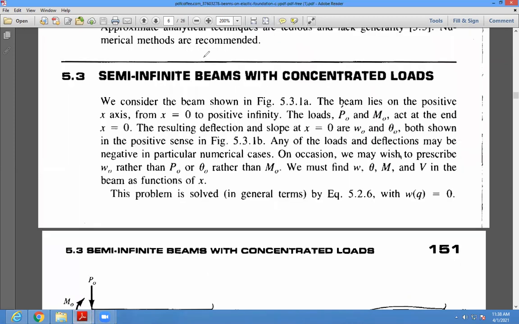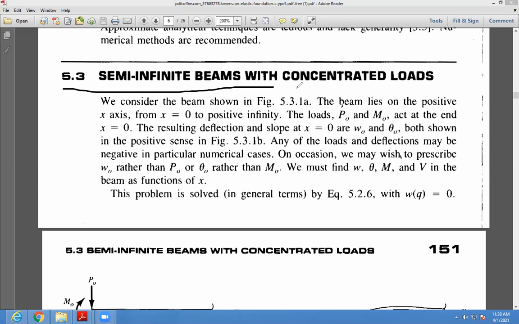Now next condition, write down the heading only. Write down heading: semi-infinite beams with concentrated loads. Semi-infinite means there is a limitation on one side and on another side it is infinite.